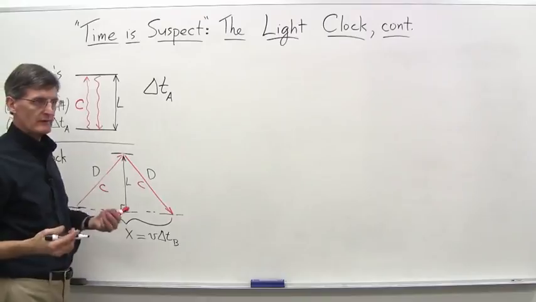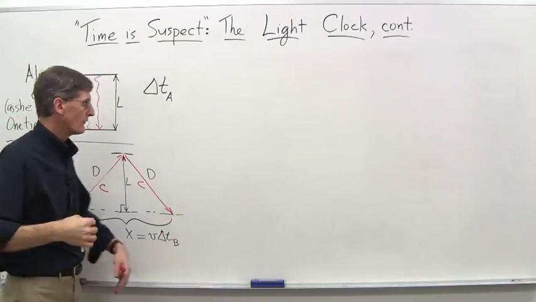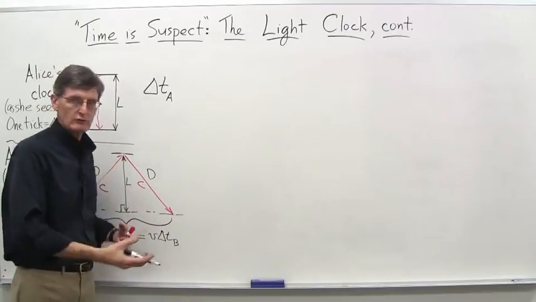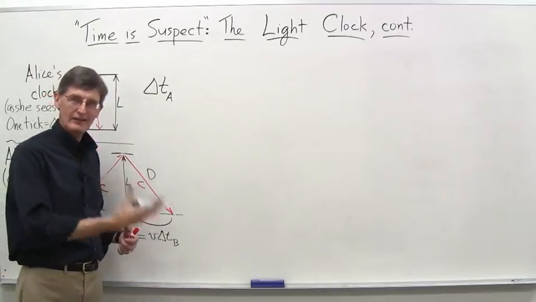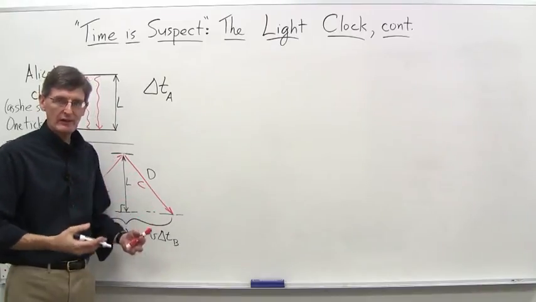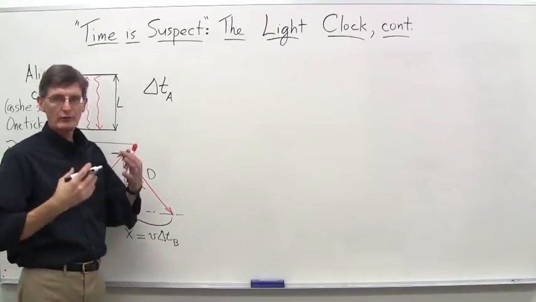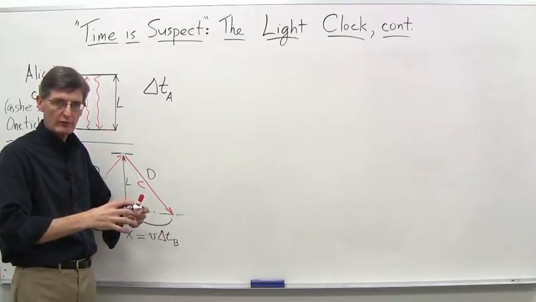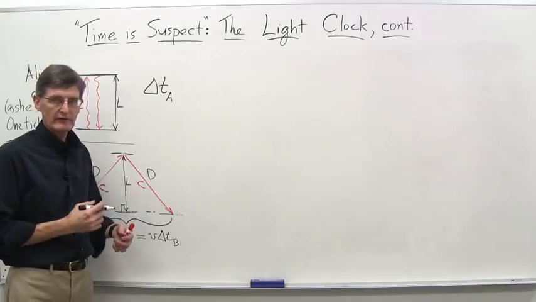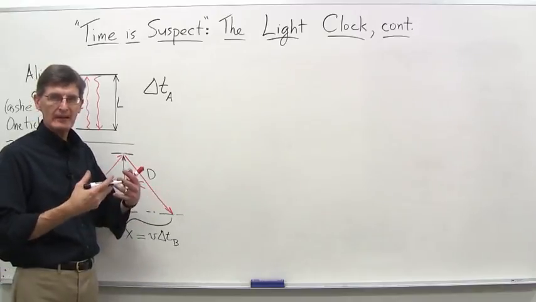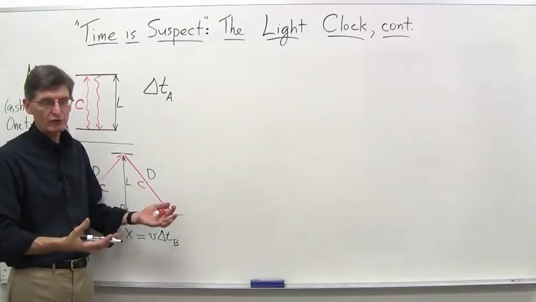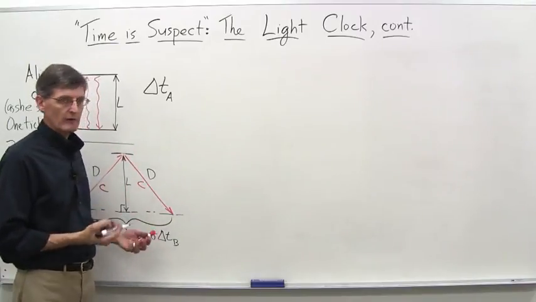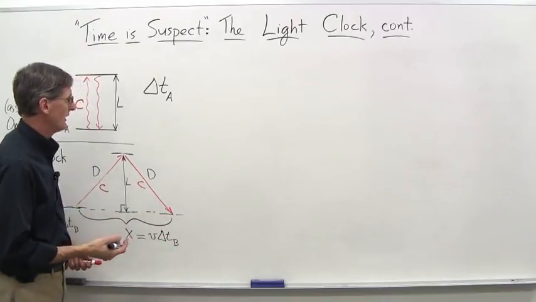We know if we have a distance to cover and we have a certain velocity, if we want to go 120 kilometers and we're going at 60 kilometers an hour, or 120 miles at 60 miles per hour, we take the distance, divide by the speed we're going, and that gives us the elapsed time. So 120 divided by 60 is 2 hours, in either case.